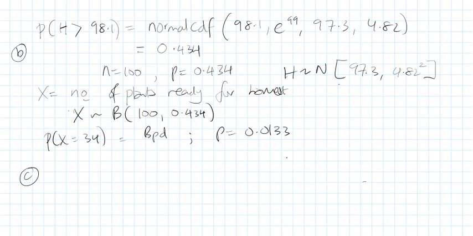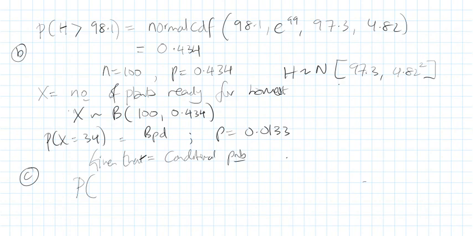Now part C. Given that fewer than 49 plants are ready to harvest, find the probability that exactly 34 plants are ready to harvest. So it's conditional probability. That's what I was going to write. Every time they say given that, you know it's a conditional probability. How do we write that statement?